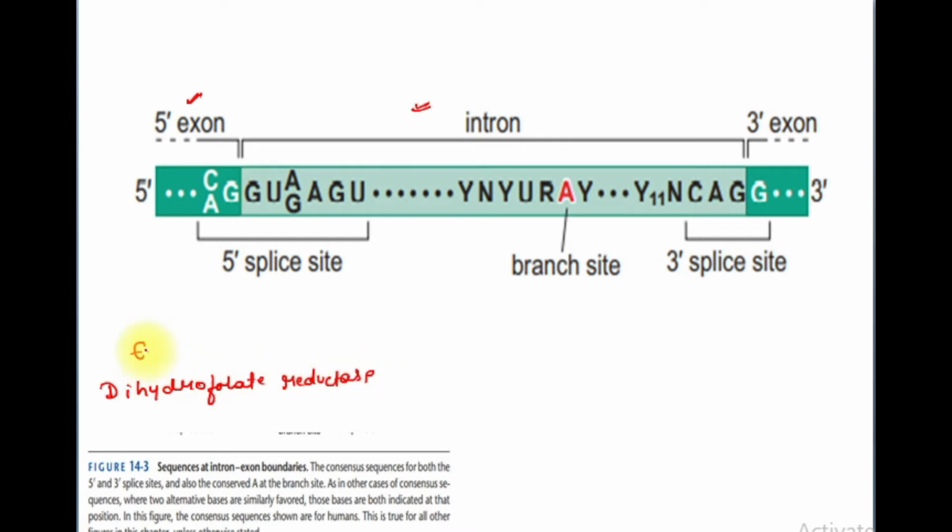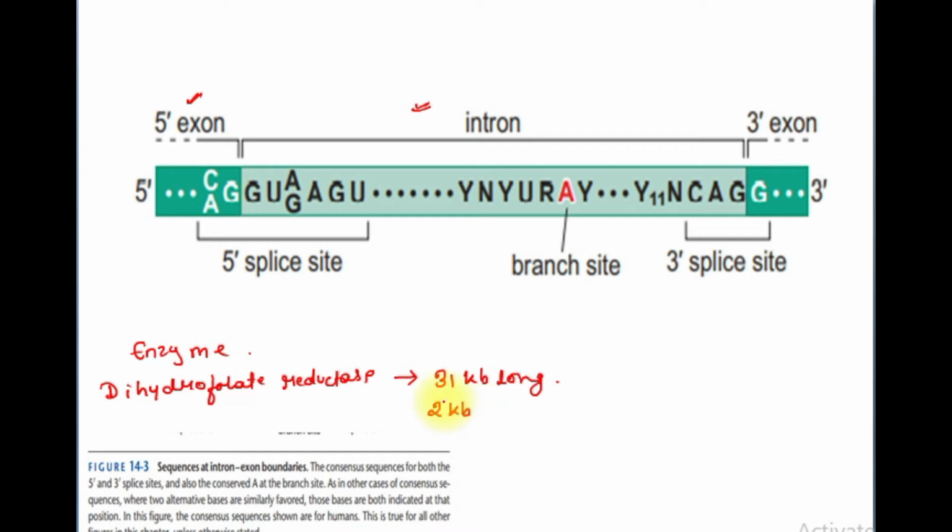This enzyme is more than 31 kb long. But the intron part is more in this dihydrofolate reductase gene. The exon is only 2 kb long.